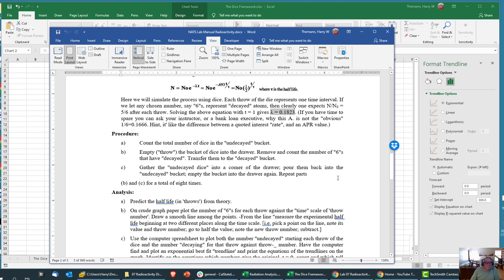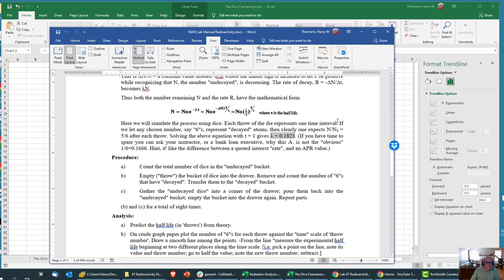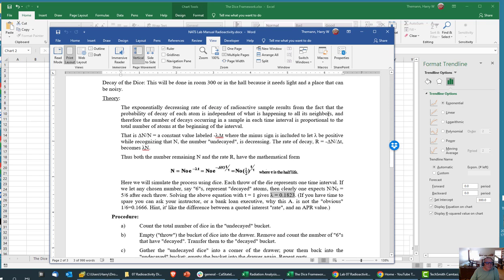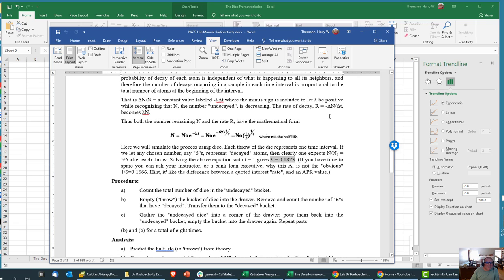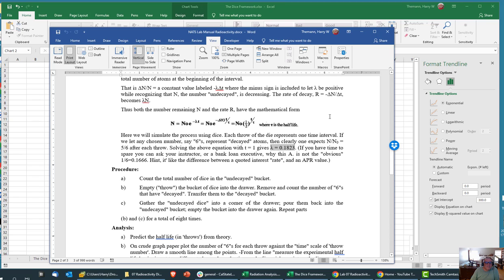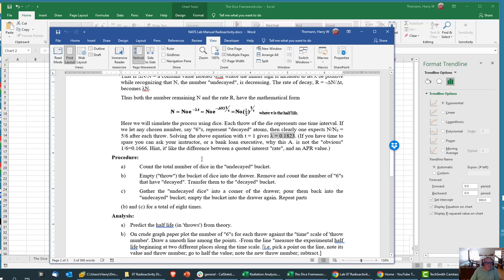Okay, so let's see, what's the relationship between lambda and half-life? Who knows what time I have to spare, right? So lambda is equal to 0.693 divided by tau.